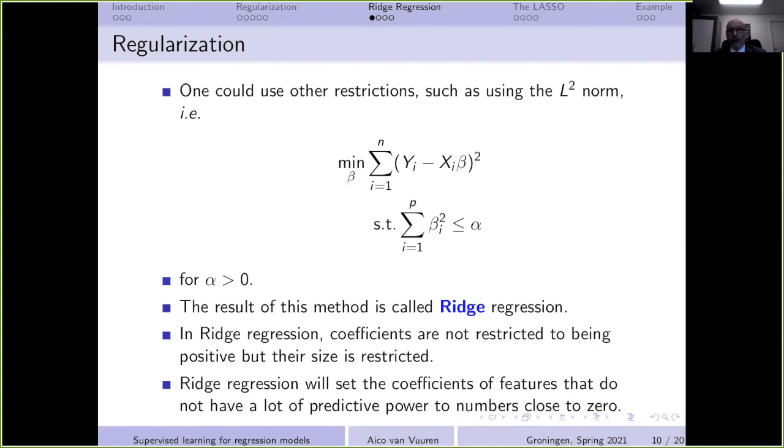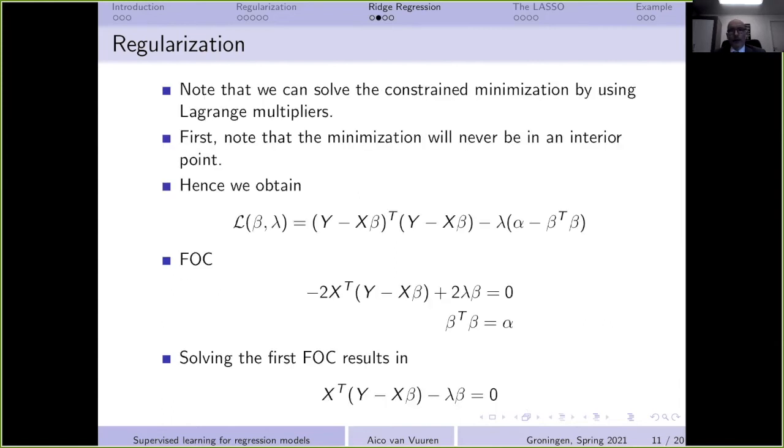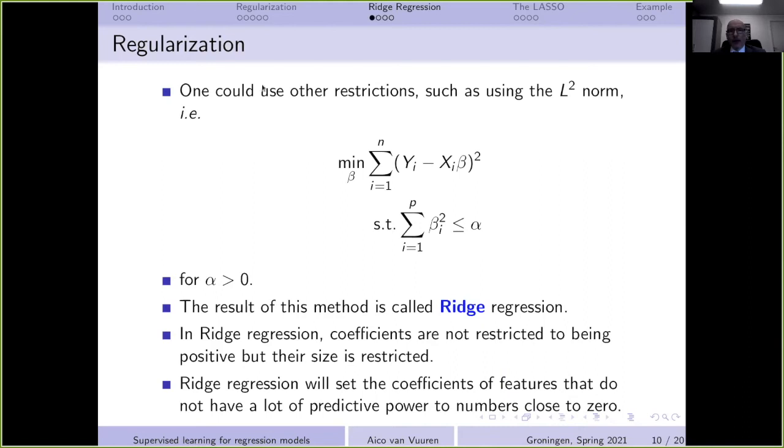Well, that we can do by looking at a method that you already know of, and that is Lagrange multipliers. We already know that generally we can use Lagrange multipliers for situations in which we would like to minimize under a particular constraint.